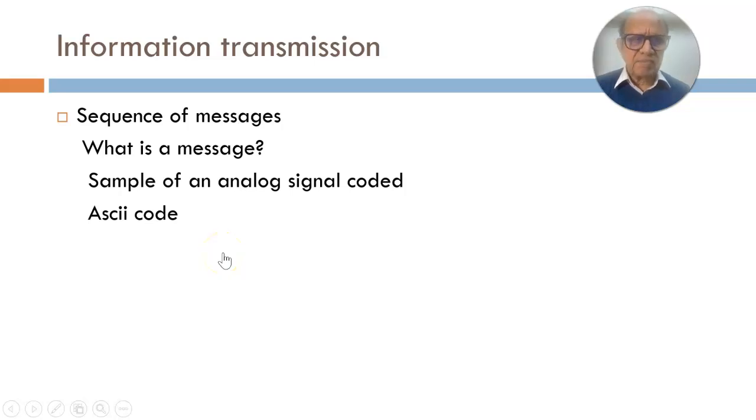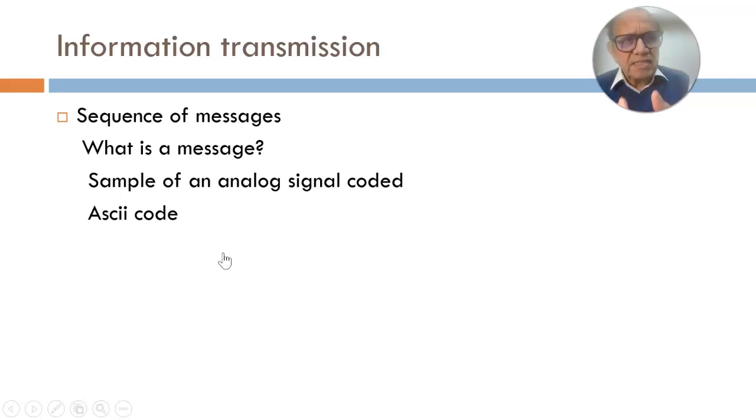So what we are saying is that in a digital communication system, information is transmitted as a sequence of messages. And what are we answering next? We are answering what is a message. So it depends on the application. It could be the sample of an analog signal which has been obtained and converted into a certain number of binary digits, maybe 8, 16, and so on.